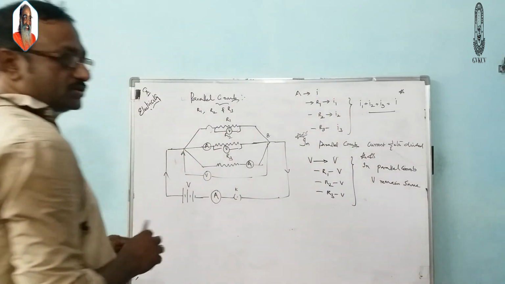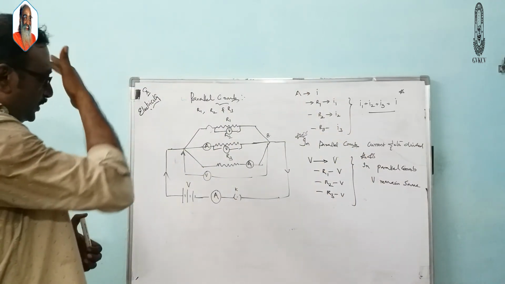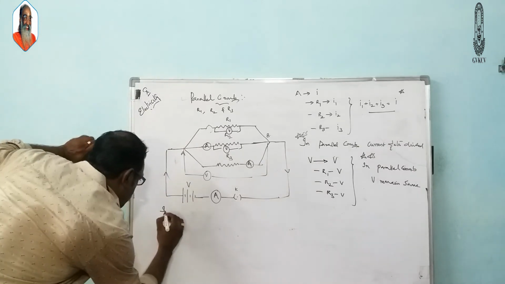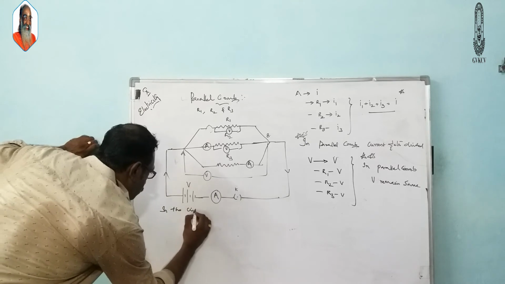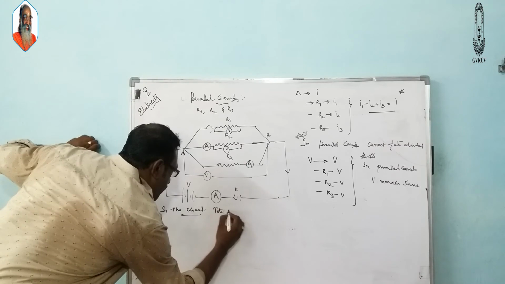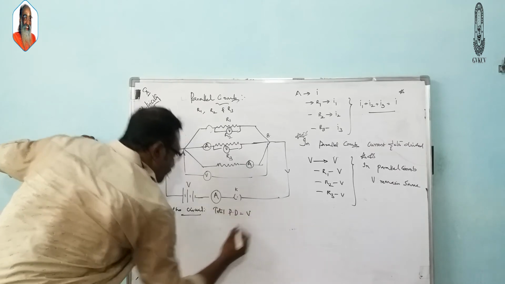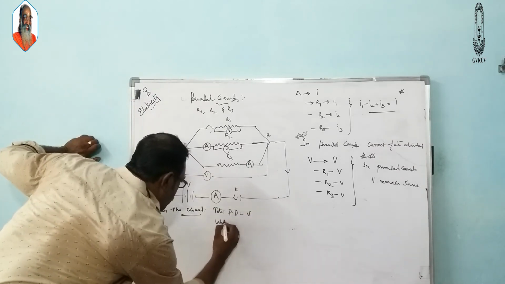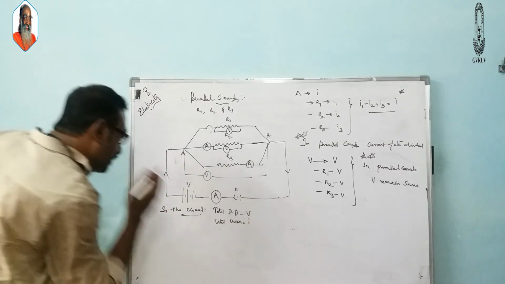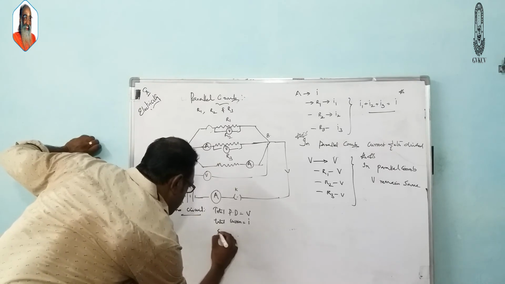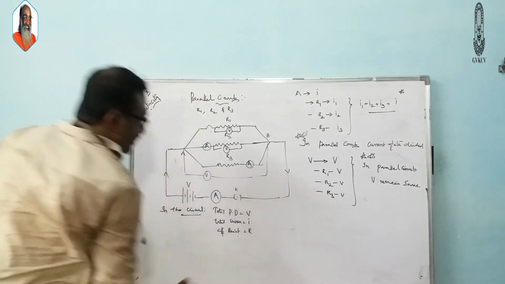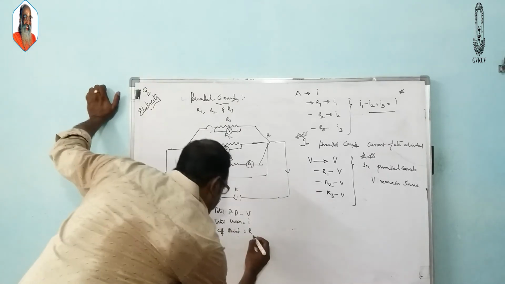Okay, so this is another important point to be noticed. Now, if you consider the entire circuit, the total potential difference is V, the total current is I, and the effective or equivalent resistance is RE.